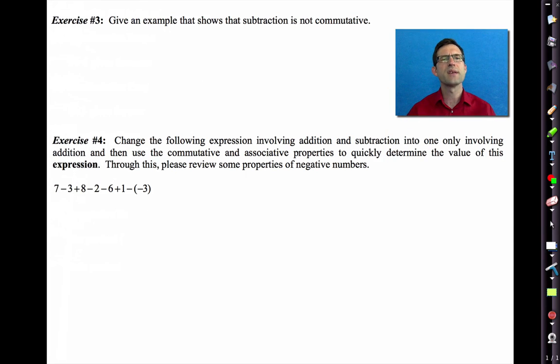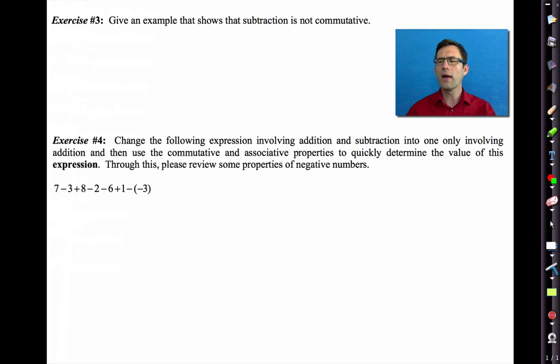Exercise 3 says, give an example that shows that subtraction is not commutative. So this is very important, right? We've talked about the commutative property of addition and multiplication and the associative properties of addition and multiplication, but not of subtraction and not of division, right?